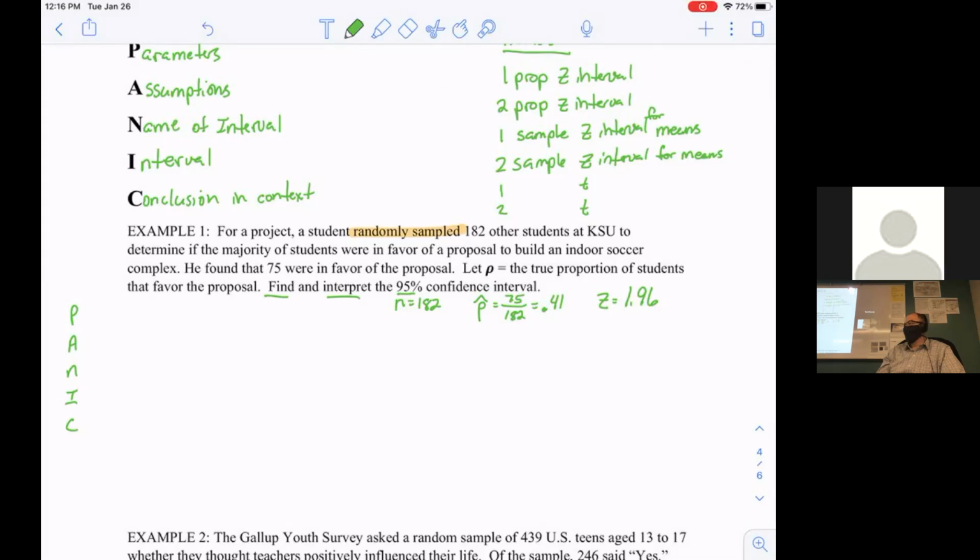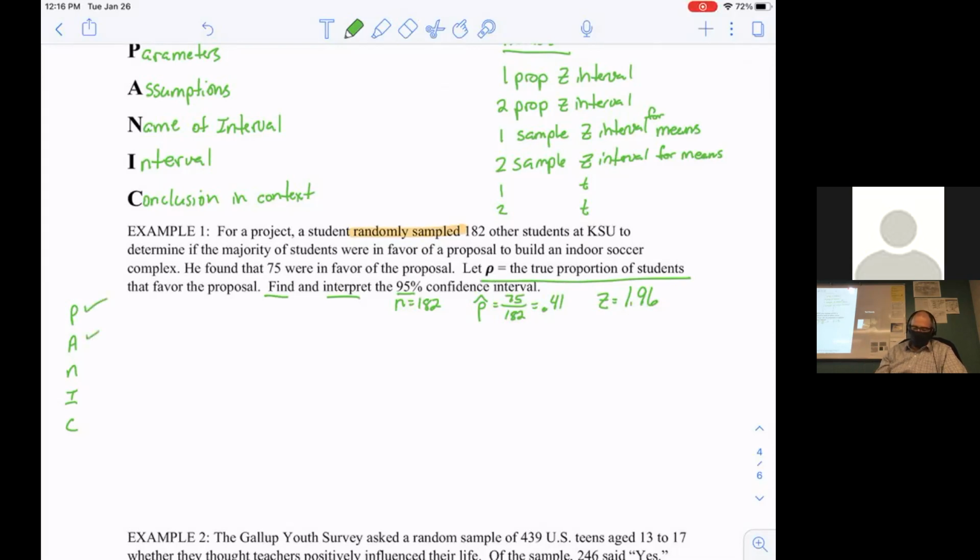Over time, we'll do these enough that you'll just know that's going to be 1.96. Okay. And in this case, it said that p is the true proportion of students who favor the proposal. So it told me what my population parameter was to start with. If it didn't tell me that, then we would have to go through and do that. Okay. So we have taken care of our parameters.